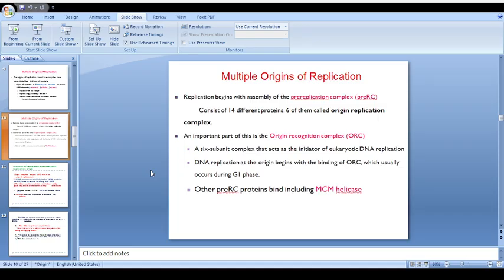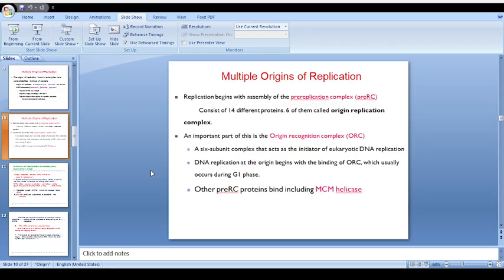In the origin site or autonomously replicating sequence, that is the ORI site of the eukaryotic system, the replication begins with the assembly of various sets of factors. That is, it initially forms a pre-replication complex, we call it pre-RC. Totally 14 different proteins are involved in the formation of the pre-replication complex, and 6 of them are called the origin recognition complex, that is ORC.